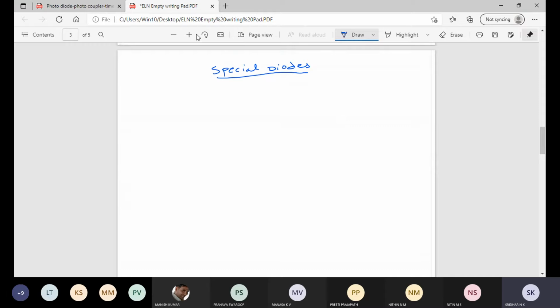In your syllabus, we are going to learn 3 types of diodes. First one is photodiode. The second one will be LED, that is nothing but light emitting diode.